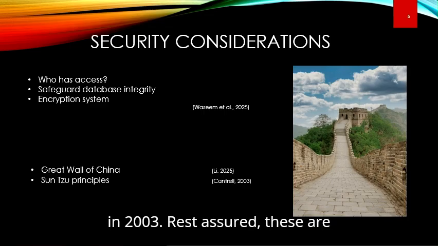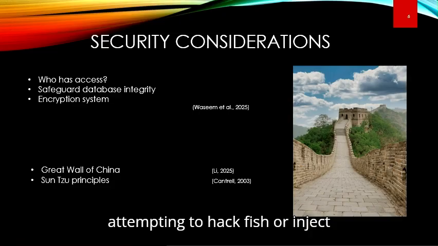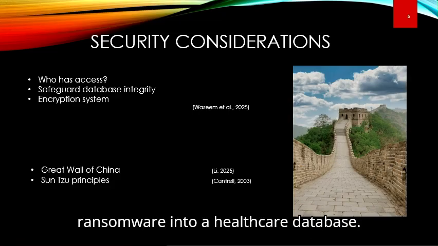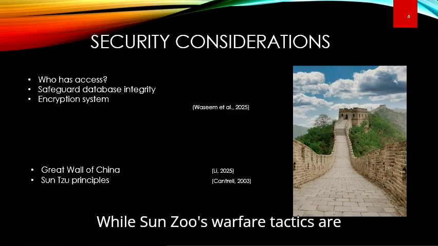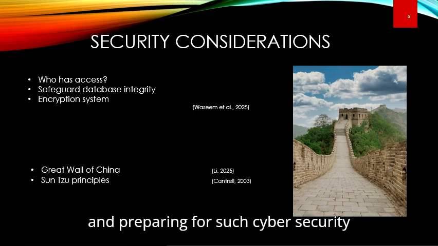Rest assured, these are the tactics cybercriminals use when attempting to hack, phish, or inject ransomware into a healthcare database. While Sun Tzu's warfare tactics are ancient, human nature has not changed, and preparing for such cybersecurity attacks is key.